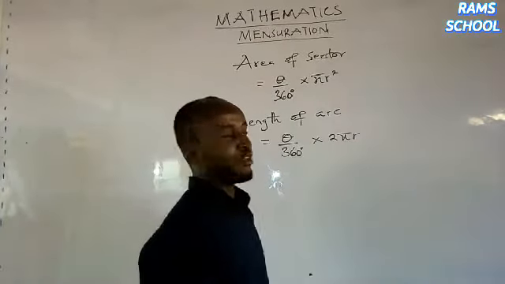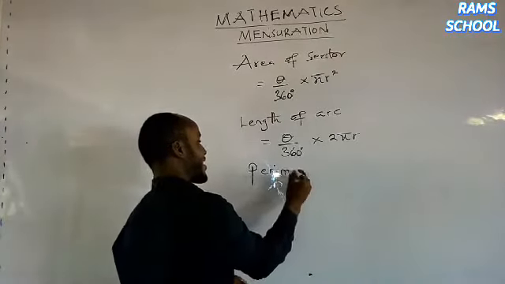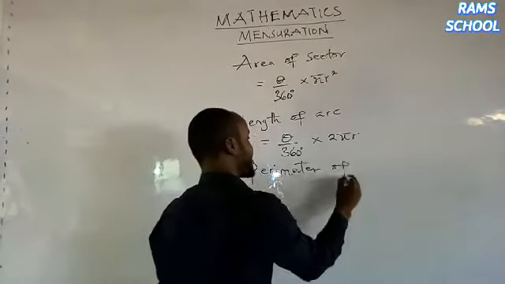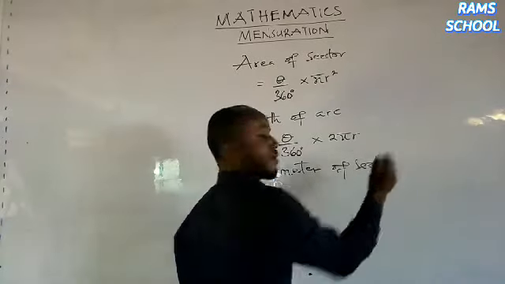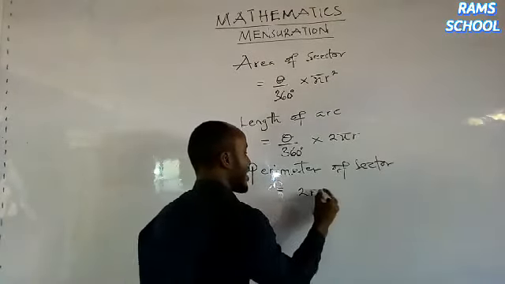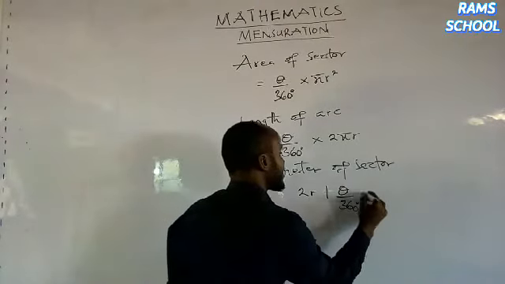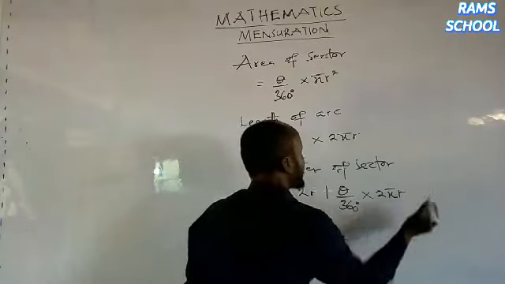And the last one, we looked at the perimeter of a sector. We also derived the formula as 2r plus theta out of 360 degrees times 2 pi r.